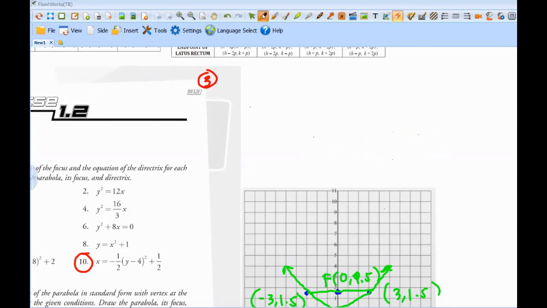Number 10 is x equals negative half (y minus 4) squared plus half. Okay?